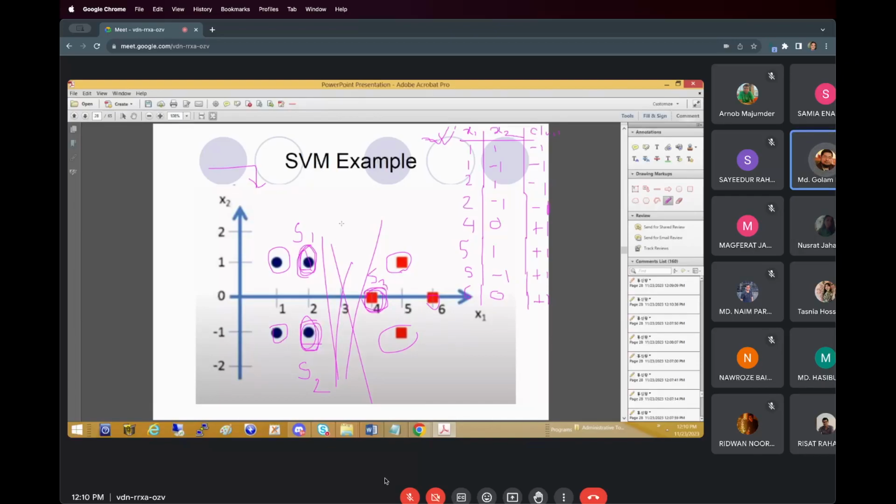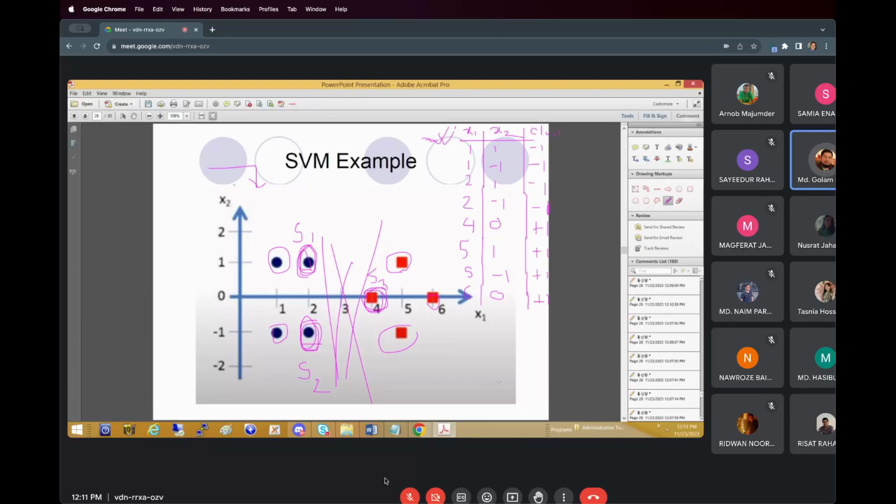We know that usually we have to find the support vectors considering our hyperplane, the closest data points from both sides. So here are S1, S2 and S3.